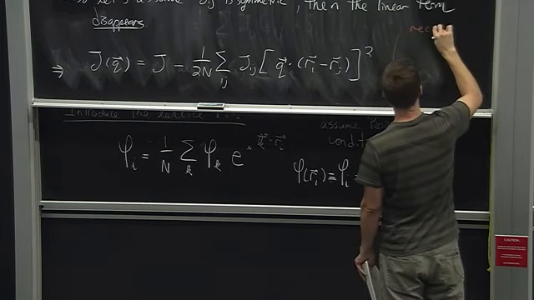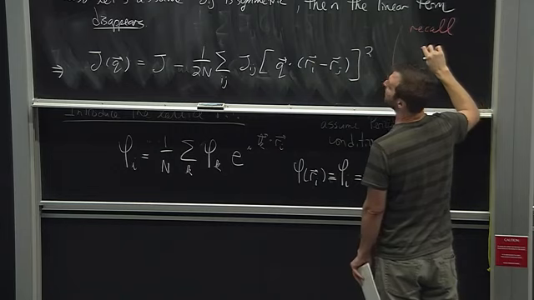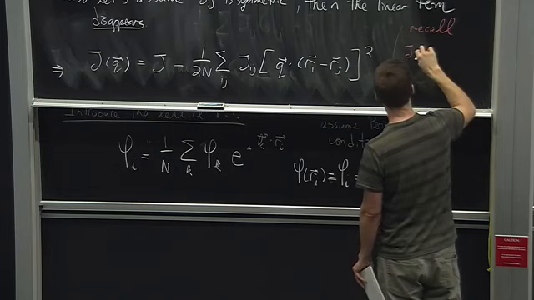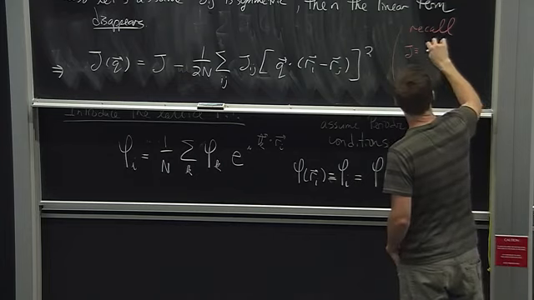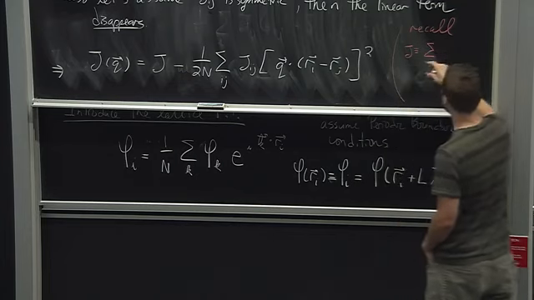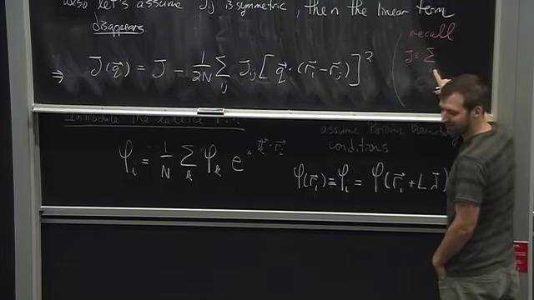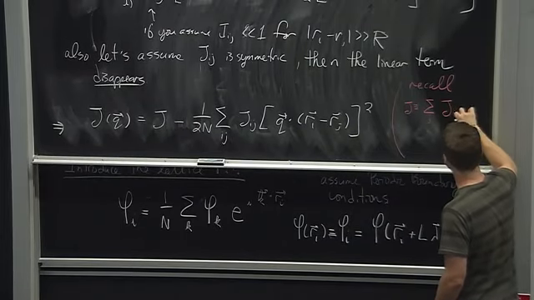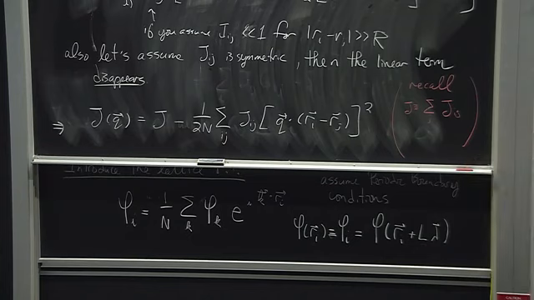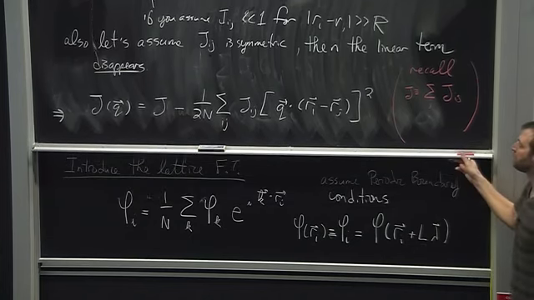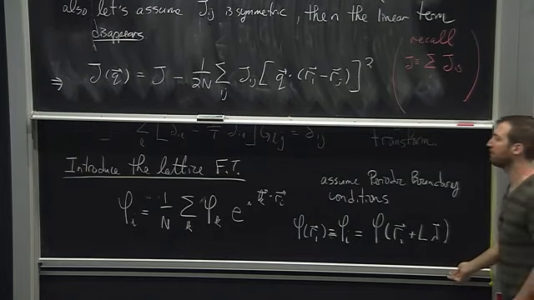I've done this before. Defining Ji is just equal to big J, sum over all j, Ji j.